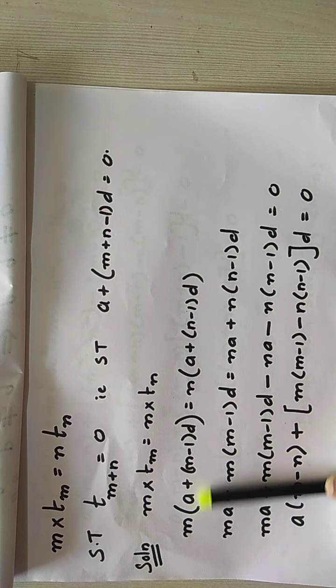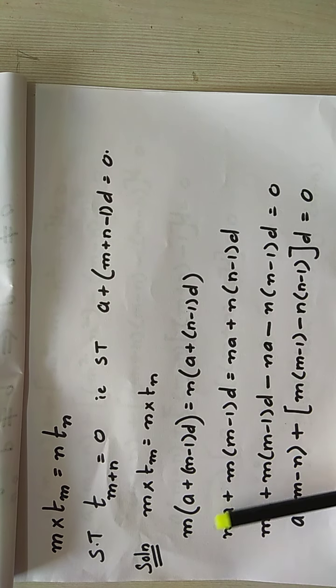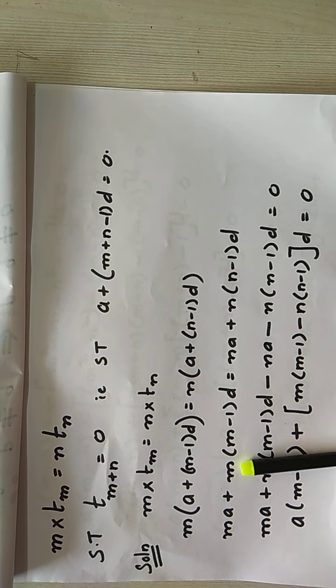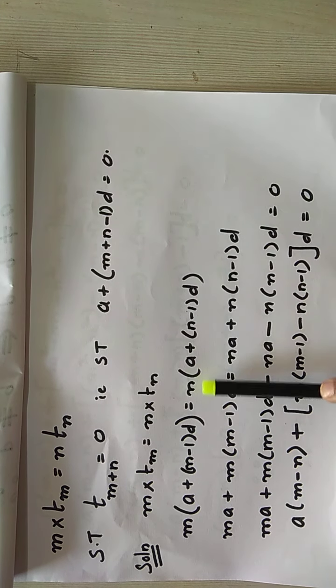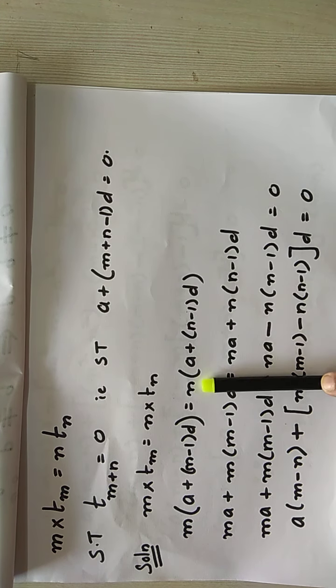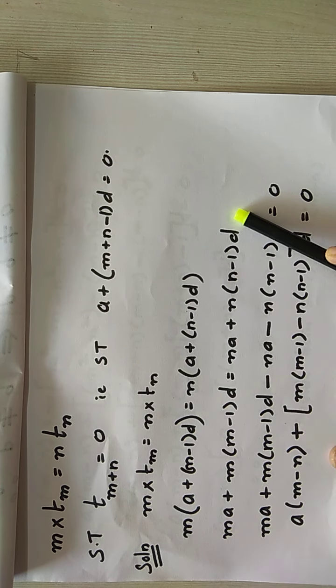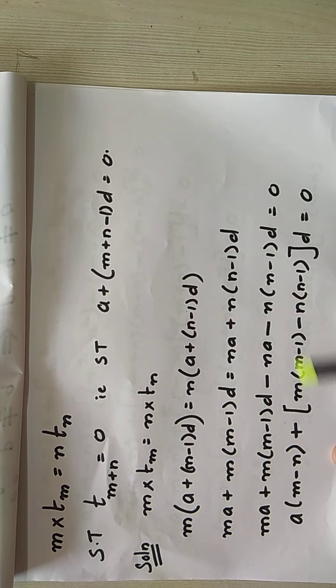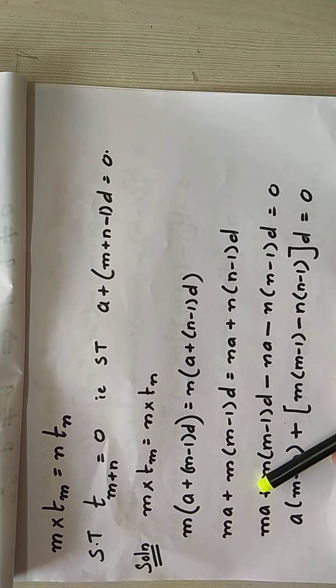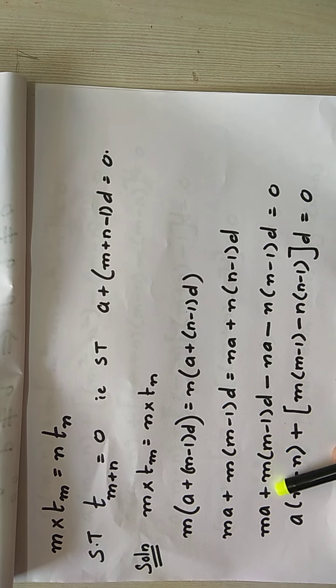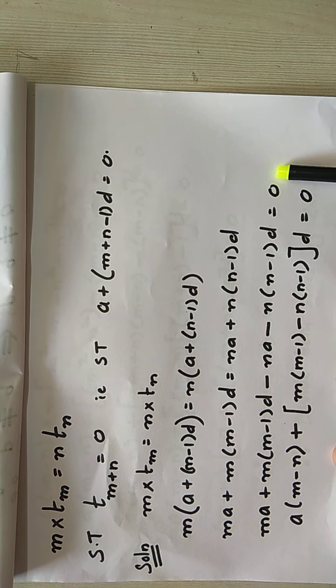So after multiplying, m into a is ma, m into this bracket is (m minus 1)d; n into a is na, n into this bracket is (n minus 1)d. Here we shift both these terms to the other side, the same as we did for the previous sum. These both terms go on the LHS: ma plus m(m minus 1)d minus na minus n(n minus 1)d equal to 0.